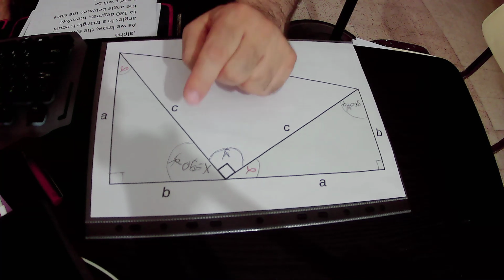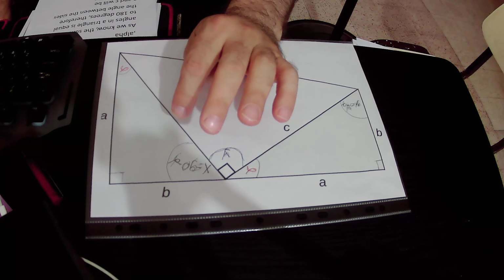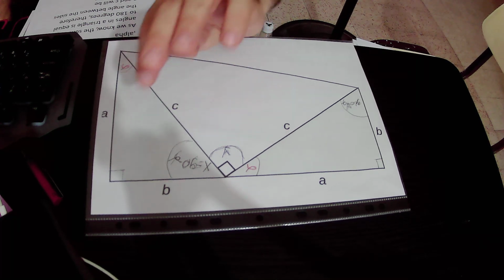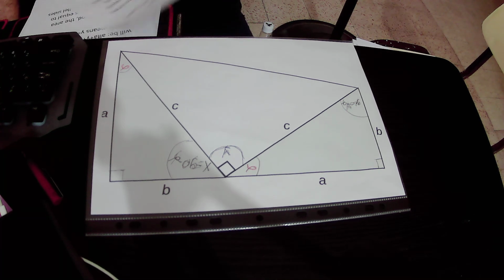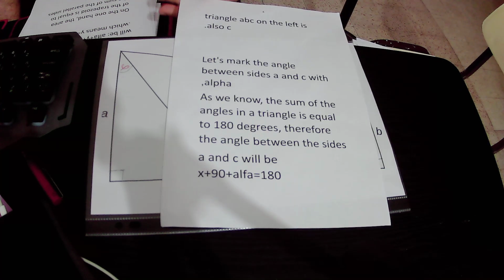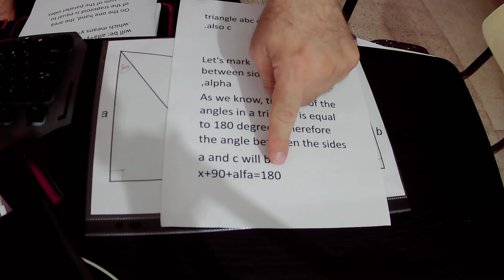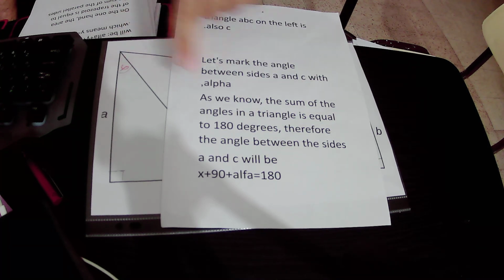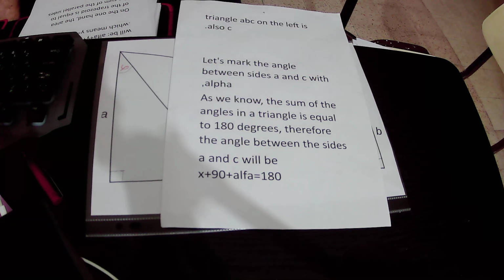So the sum of the three angles in the triangle ABC on the left side is x plus 90 plus alpha equals 180 degrees. As you can see here, x plus 90 plus alpha equals 180 degrees. Alpha here and alpha here is the same angle. Okay?